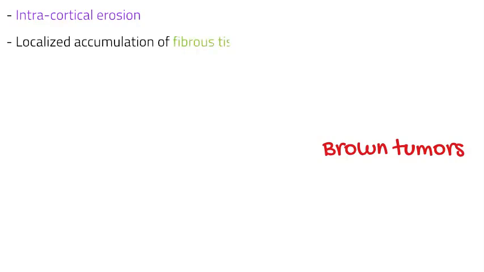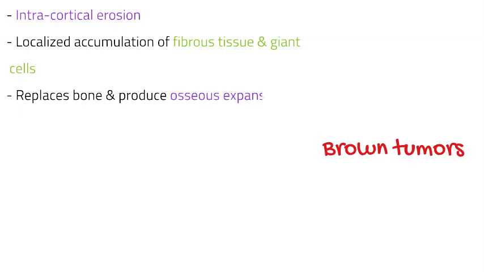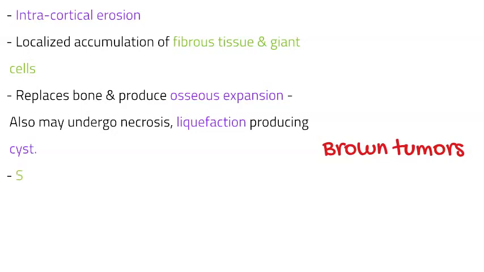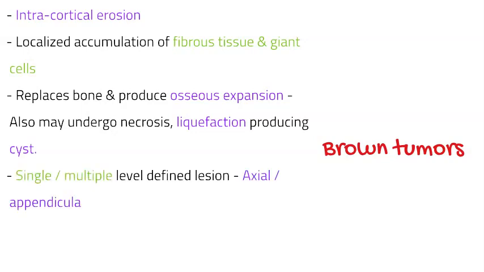In brown tumor, apart from the intracortical erosion, there is a localized accumulation of fibrous tissue and giant cells. It replaces the bone and produces osseous expansion. It may also undergo necrosis and liquefaction, producing cysts.